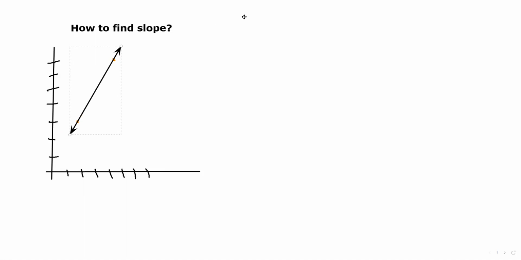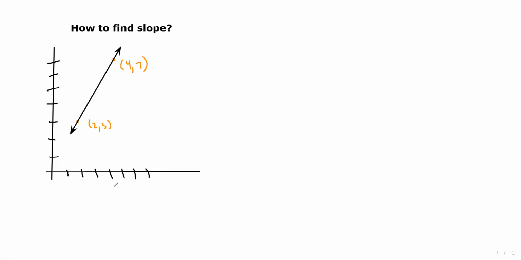So it's important that it is a line that has arrows at both ends because the line goes on forever in both directions. If it was a line segment, then it would stop at a certain distance. Okay, so let's label these points. So again, we said that this was 2, 3, and this one was 4, 7.